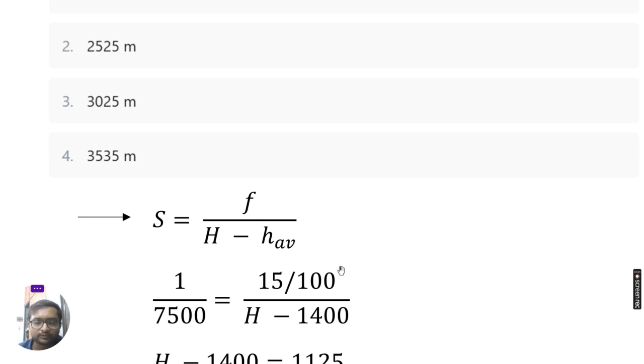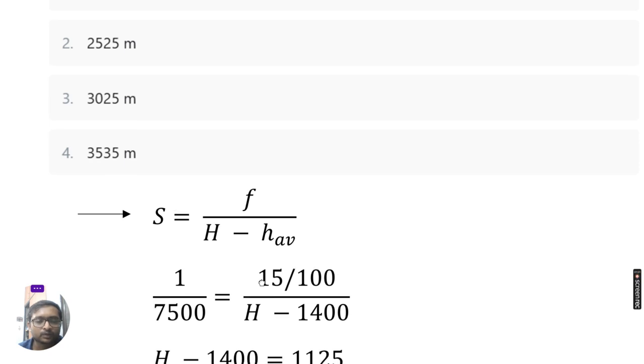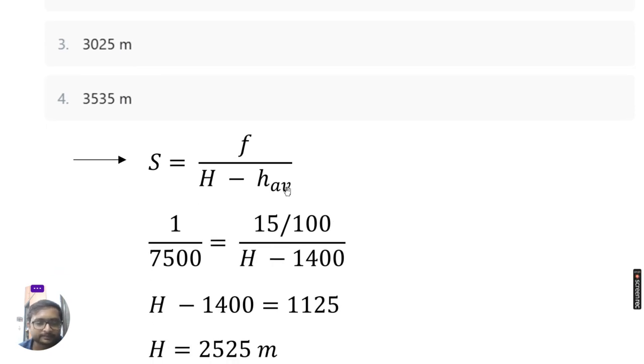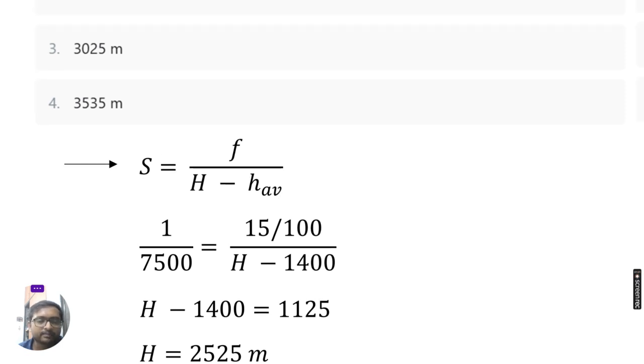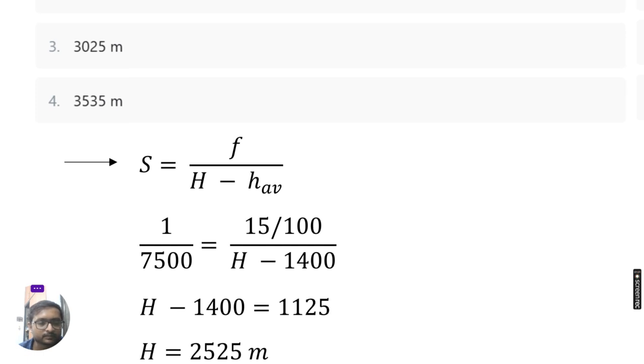We converted that into meter by dividing it by 100, because all the other units are in meter. Then the average elevation is given as 1,400. So in this question, this h average is not given directly. You have to find that by averaging the two values. Is it fine? Thank you, sir. Thank you very much.